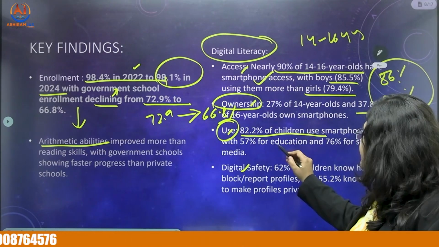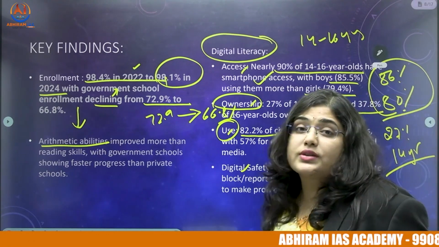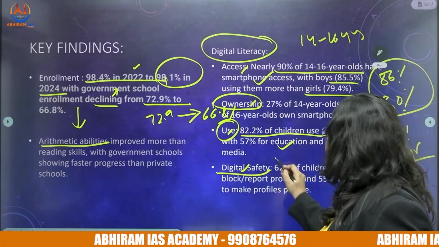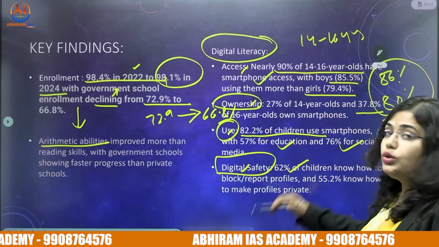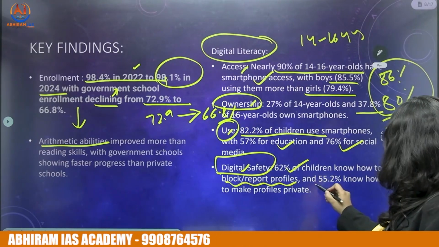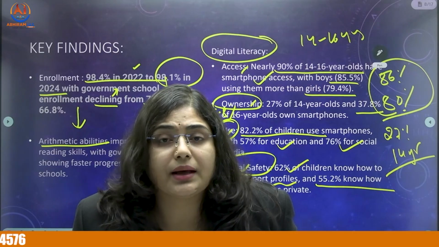Among them, 57% are using it for education and 76% are using it for social media. Okay. Next, the digital safety. 62% of children know how to block or report profiles, and 55.2% know how to make their profiles private.